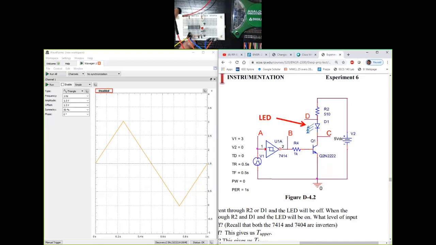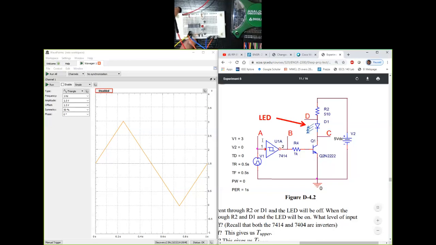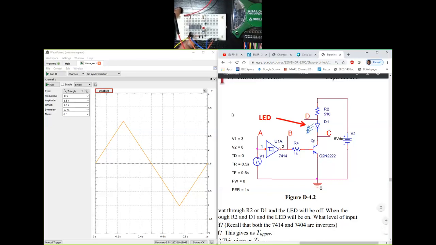Let's see, can I? All right, I might have changed something unintentionally, but questions about the circuit building.